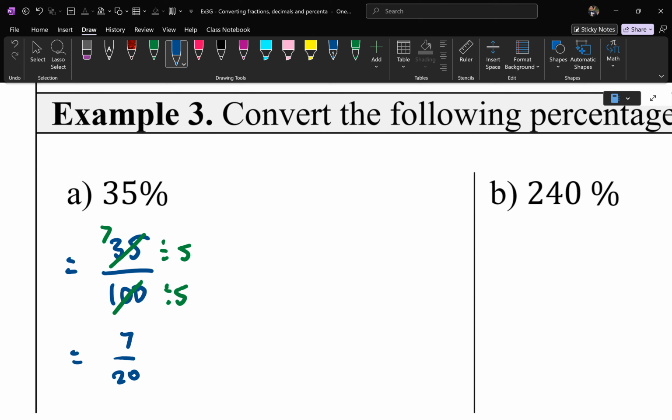But let's say the question was, I didn't want you to convert to a fraction, and wanted you to convert it to a decimal. Well, from this step, we said 35% was 35 over 100. But you just read it. 35 over 100 actually means 35 divide 100. You learnt that from exercise 3.